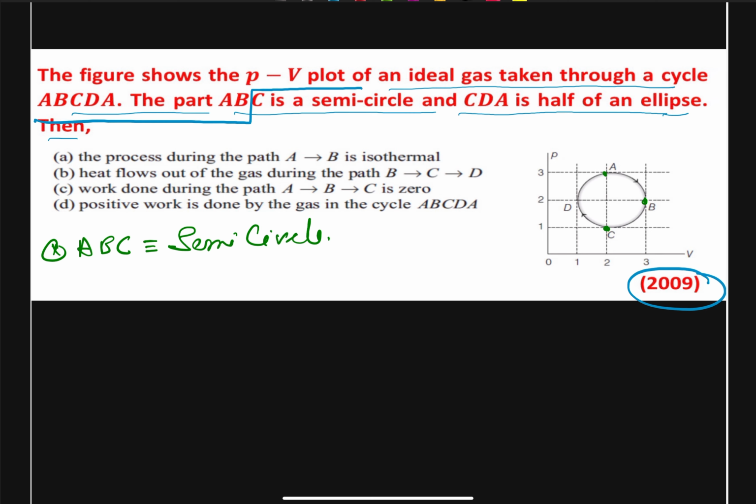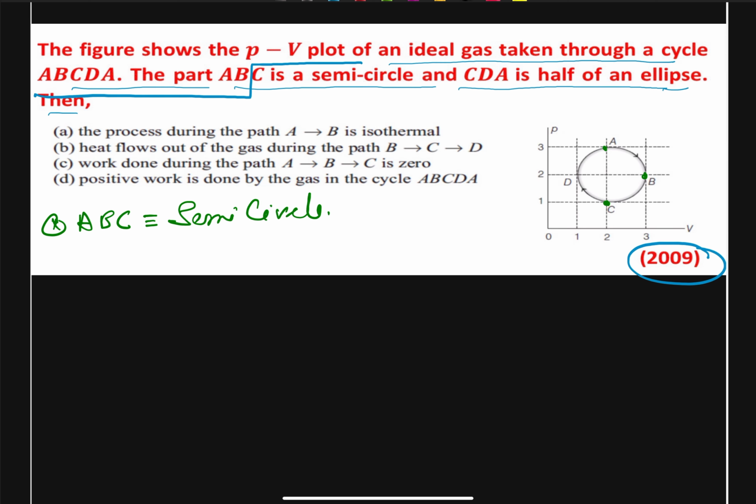From here we can write the coordinates of A, and we are given that the coordinate of A is (3, 2). Our B is (2, 3).